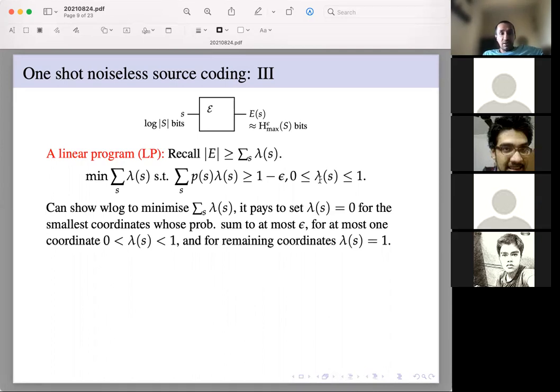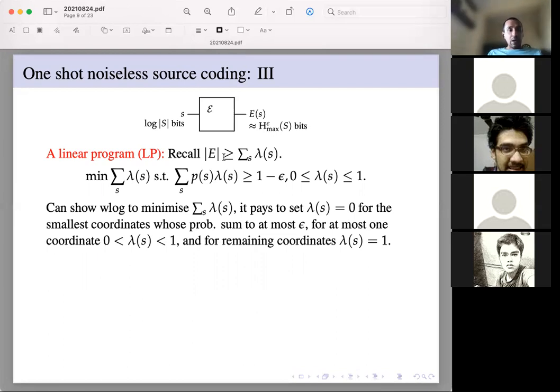And what is the constraint? Remember, lambda S lies between 0 and 1. Whatever minimum value I get for this optimization problem will be a lower bound on mod E, on the achievement. Is this clear to everybody? Is it clear what strategy I'm going to follow?